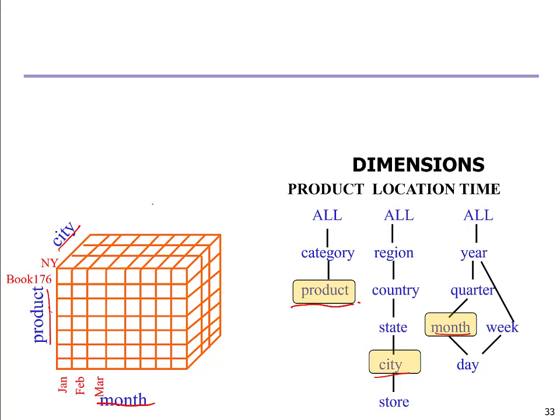All right. So now, if we want to do a roll up, we now have the measure by product, by city, and by month. What if we now want something by product, by city, and say by quarter, right? Then essentially we need to climb up one level on this time dimension.